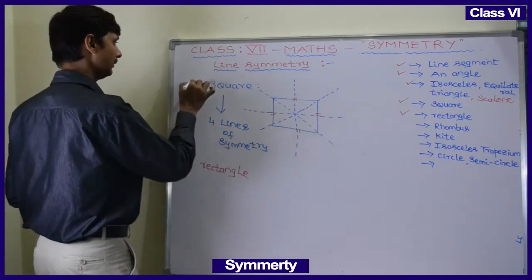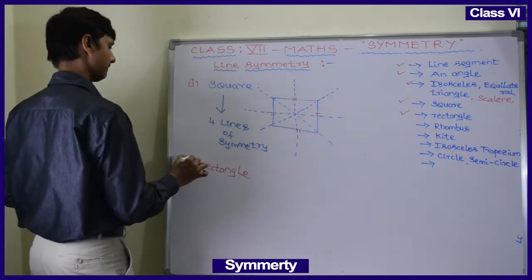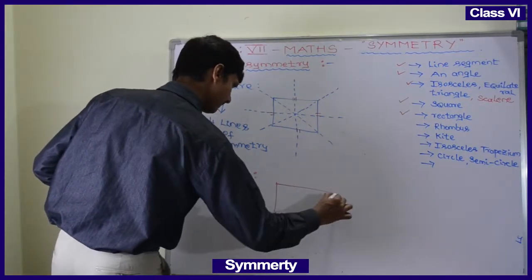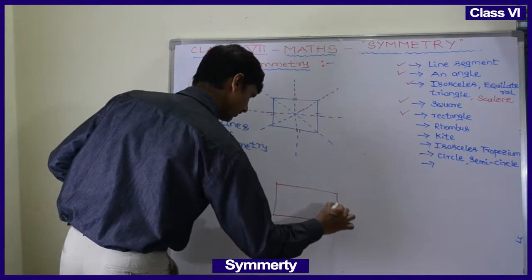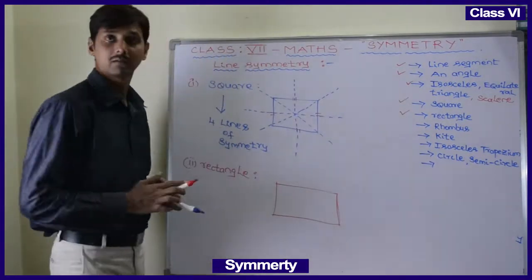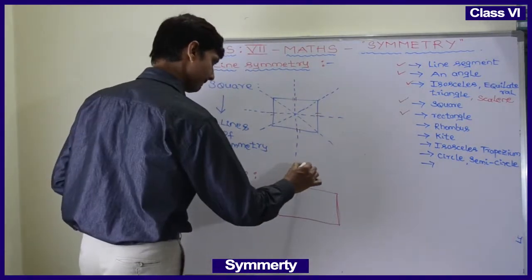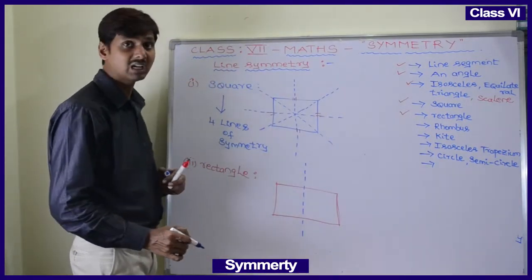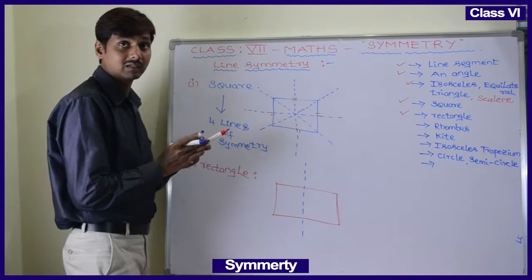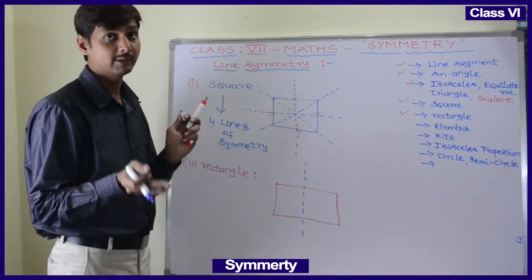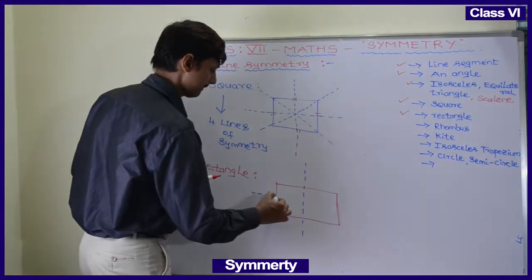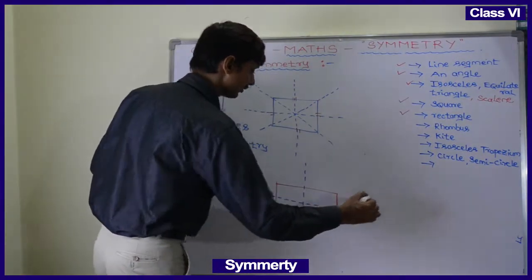For a rectangle, along with a particular path, we draw a vertical line. It divides the rectangle into two equal parts, and also the two parts will coincide with each other. And horizontal also.